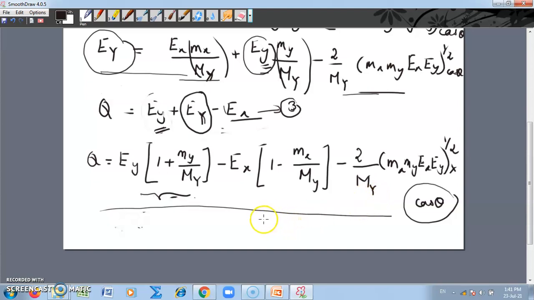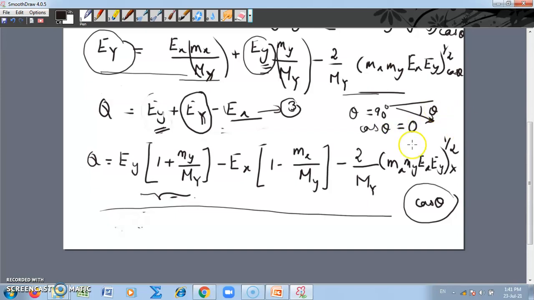Now there will be a number of small points, such as when you are observing the outcoming particles at 90 degrees. Suppose the outcoming particle, this y, came out like this, and this was theta. When the outcoming particle is at 90 degrees, that means theta is equal to 90 degrees, which makes cos theta equal to 0.